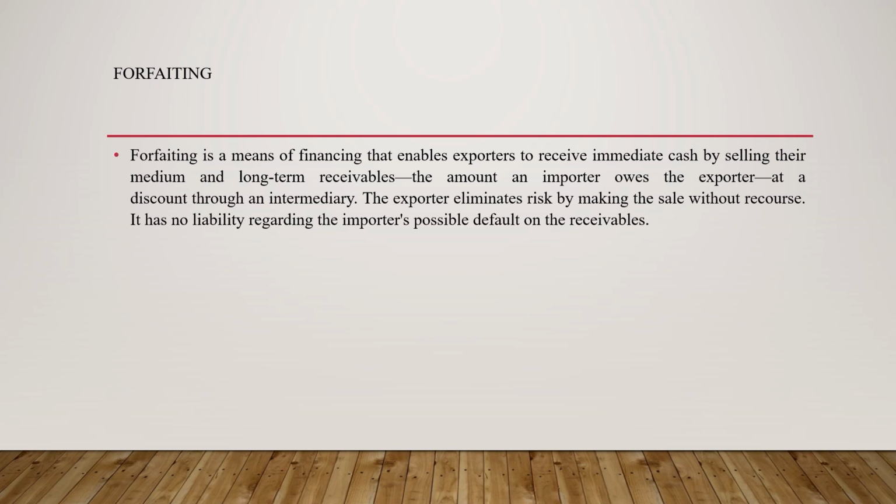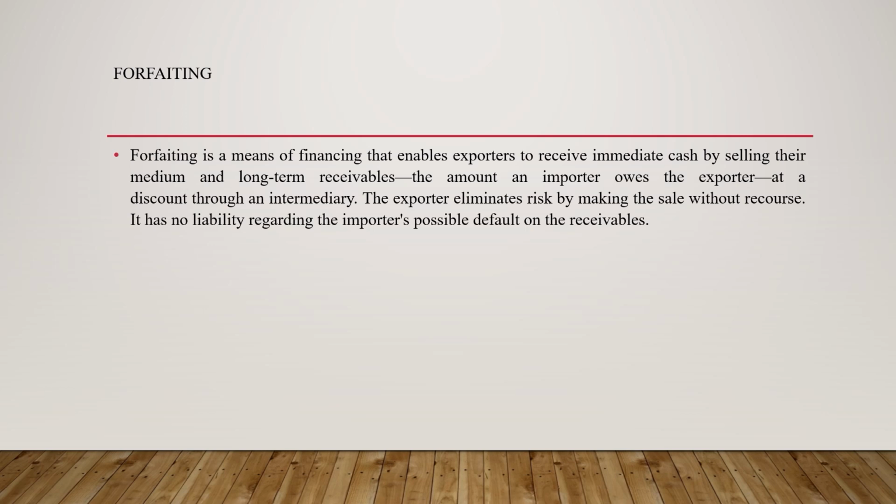Then another kind of financial service, which we are going to discuss in this unit, is forfeiting. Forfeiting is similar to that of factoring. Forfeiting is a form of financing of receivables relating to international trade. It is a non-recourse purchase by a banker or any other financial institution of receivables arising from the export of goods and services.